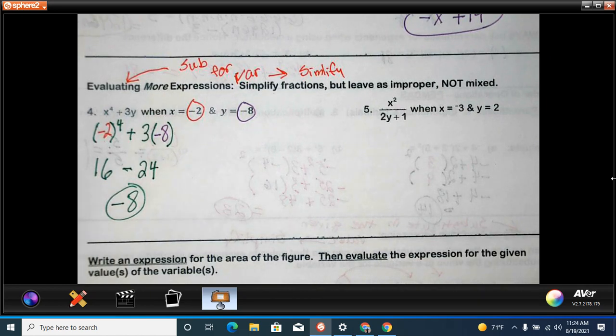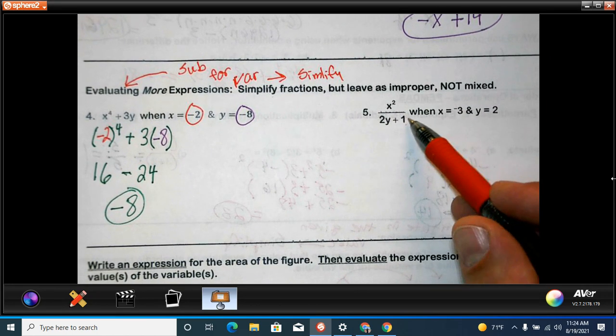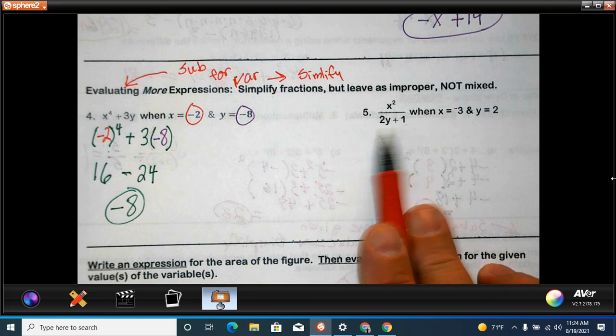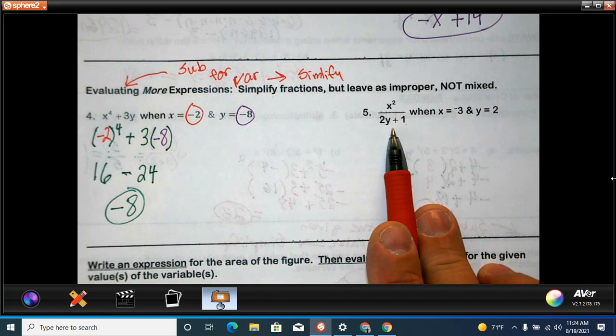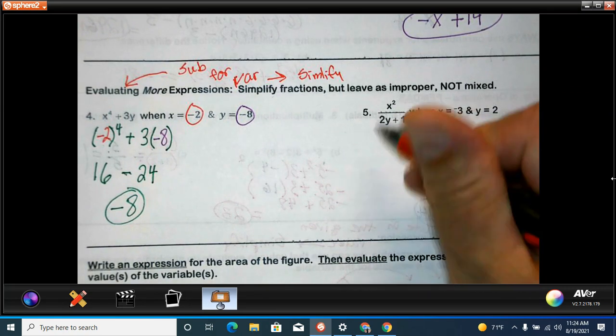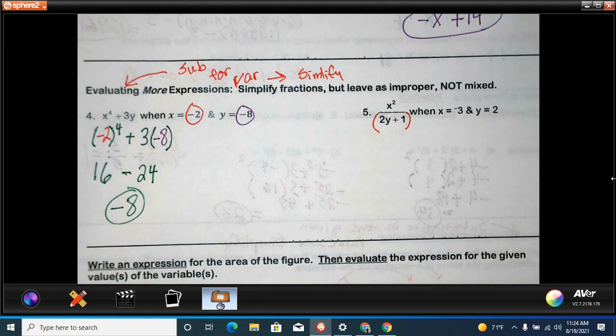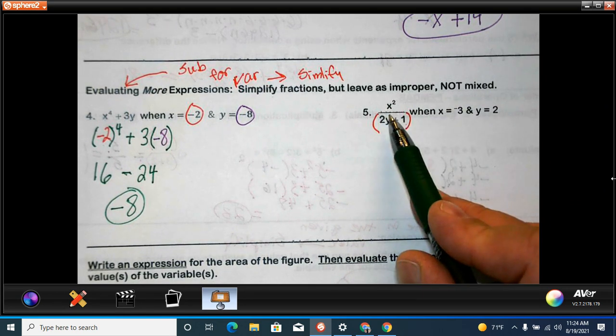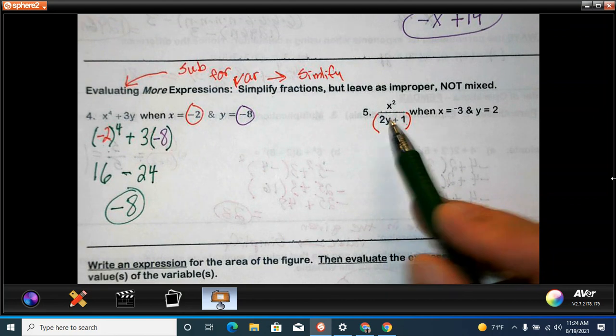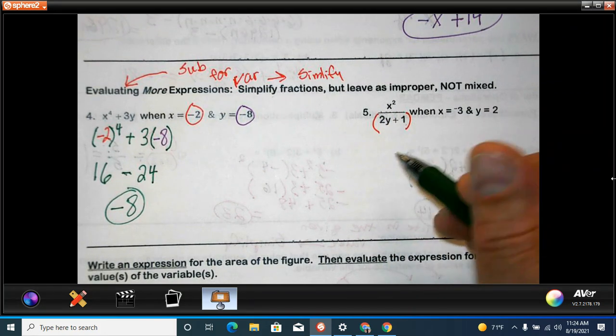Number 5, I have a fraction. I notice that I have 2 terms in the denominator because it's separated by plus or minus. So I'm going to go ahead and put parentheses on that right away so I don't mess it up. I'm going to rewrite this problem, and wherever I see a variable, I'm going to put parentheses.